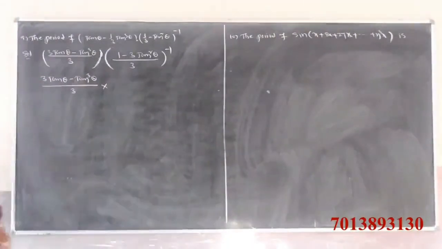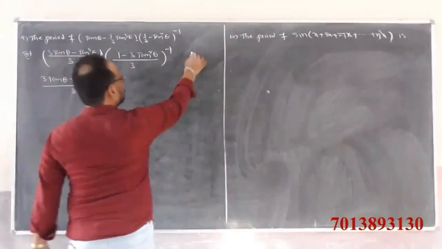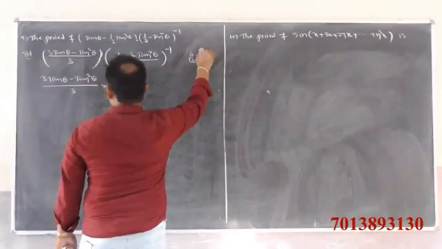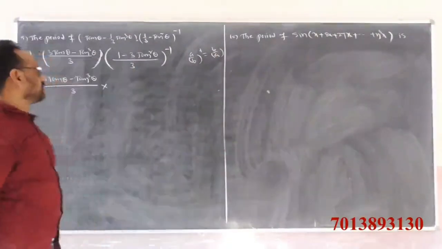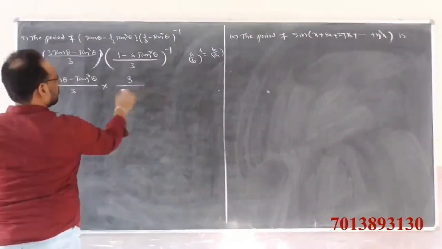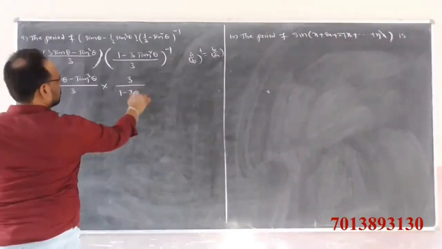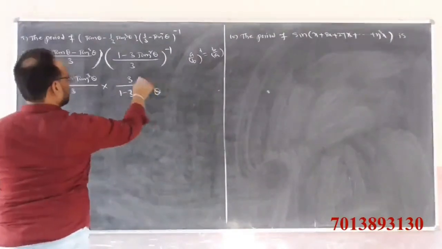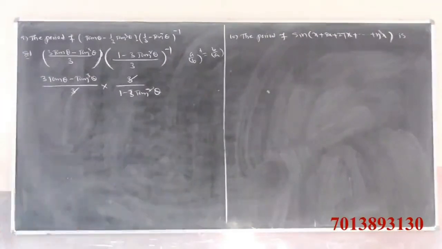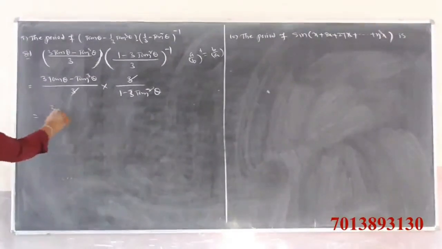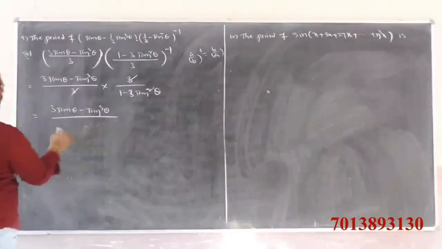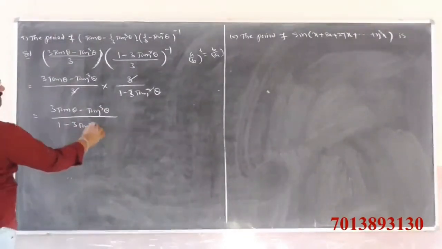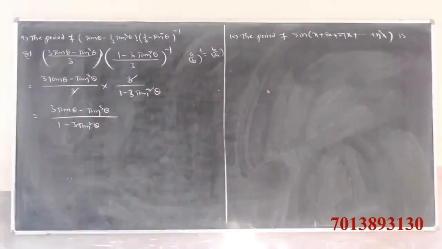Also 1 by 3 minus tan square theta, if you do LCM, we get 1 minus 3 tan square theta by 3. Using the rule a by b whole power minus 1 is equal to b by a, we get 3 by 1 minus 3 tan square theta, and the 3 and 3 get cancelled. So we get 3 tan theta minus tan cube theta by 1 minus 3 tan square theta.